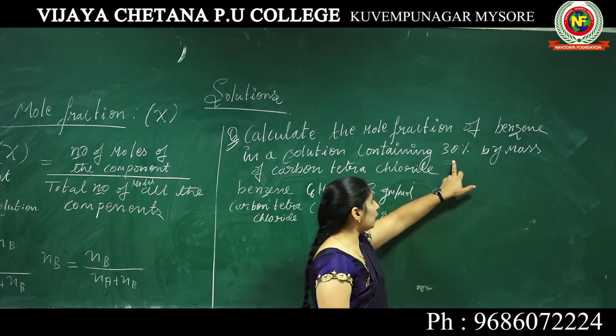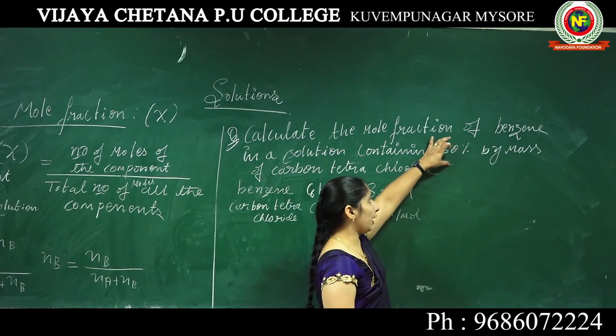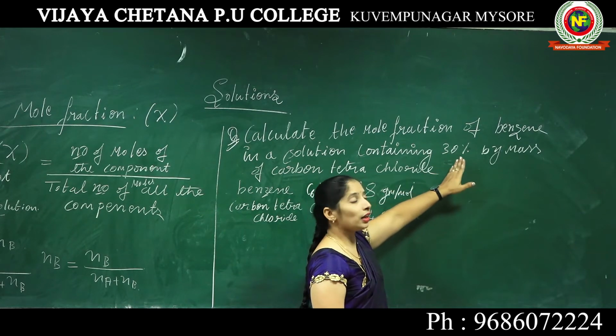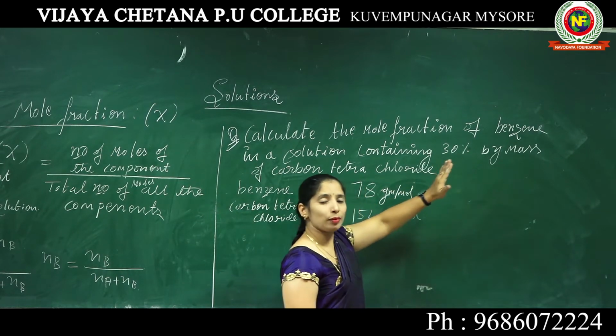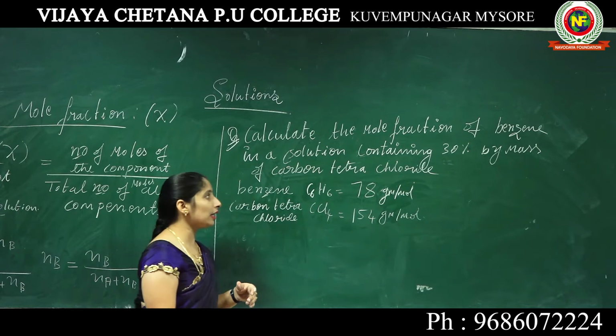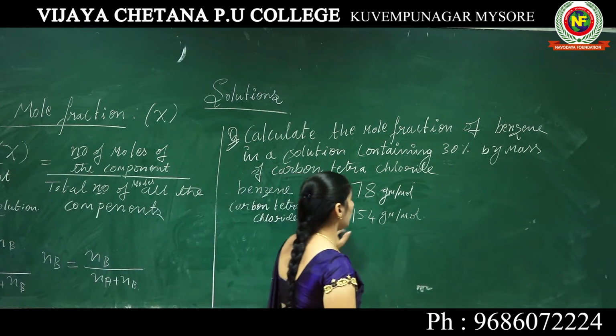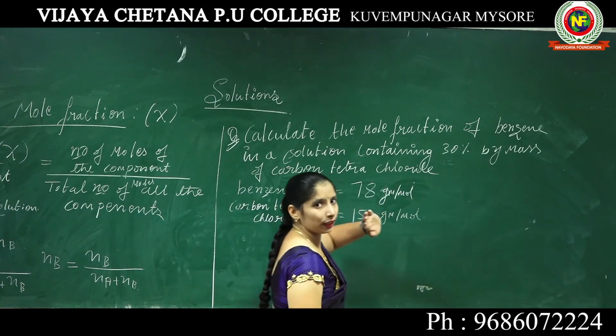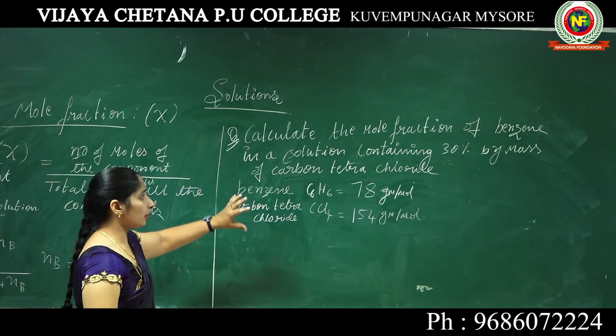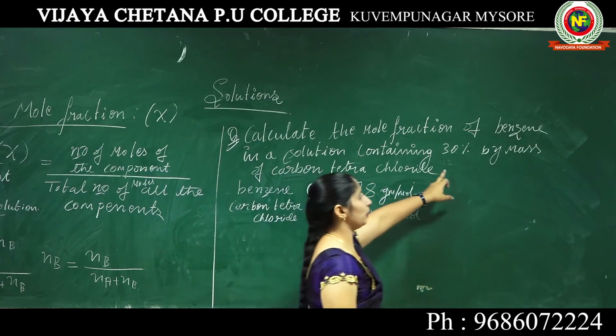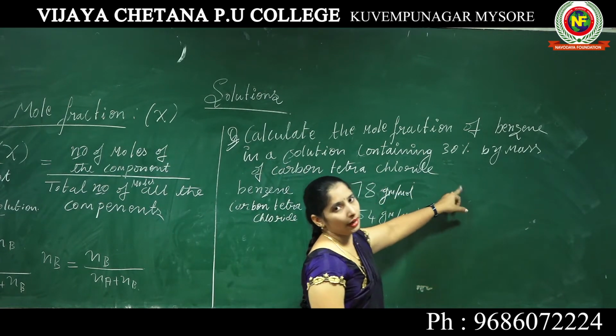So in the solution, if you take 100, 30% consists of carbon tetrachloride, and the left 70 is benzene. Got it? So totally it comprises 100%.